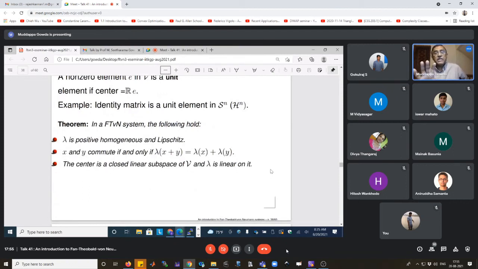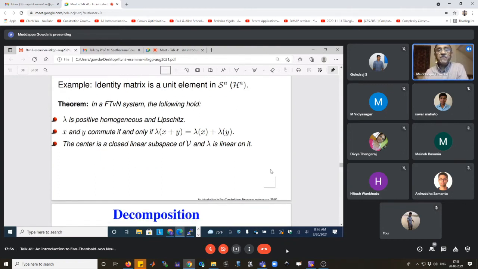Now, here is a very simple result. Whenever I state a result that does not go with a name, it is described in one of my papers mentioned at the beginning. So here is a result. In a FTVN system, the following hold. Lambda, the eigenvalue map, is positively homogeneous and Lipschitz. So this automatically gives continuity and all that.